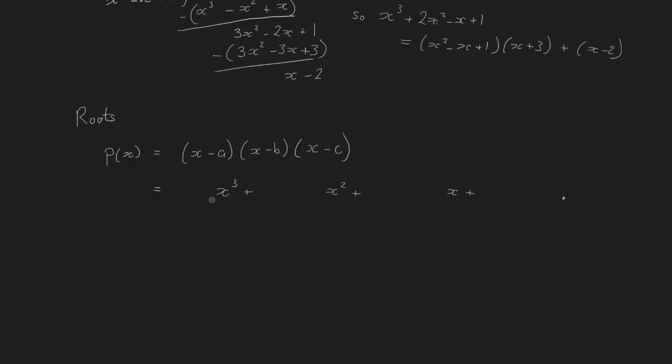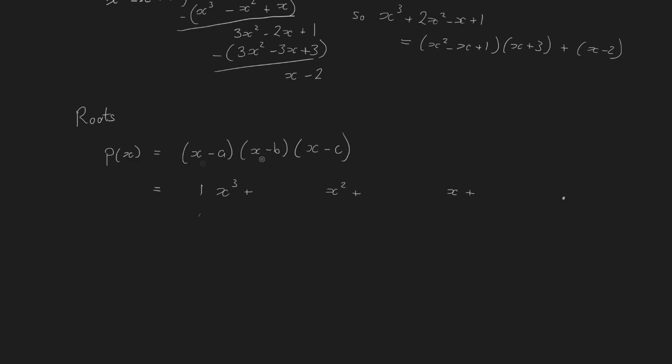And so starting with the cubic, the only way I can get x cubed from this expression is if I take the term x from each of these factors. And so that's x times x times x. And so the coefficient here, I can think of it as just 1. Now if I want to take x squared, I have different ways of getting x squared. I could take x from the first factor, x from the second, so I have to take minus c.